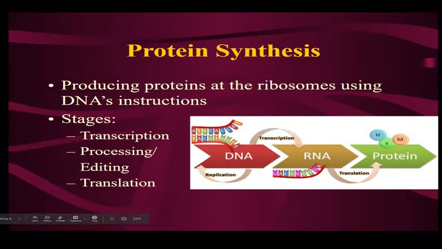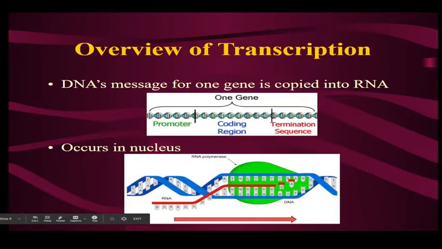So the overall process of protein synthesis is producing proteins at the ribosomes using DNA's instructions. The 3 stages are transcription, processing or editing, and translation.